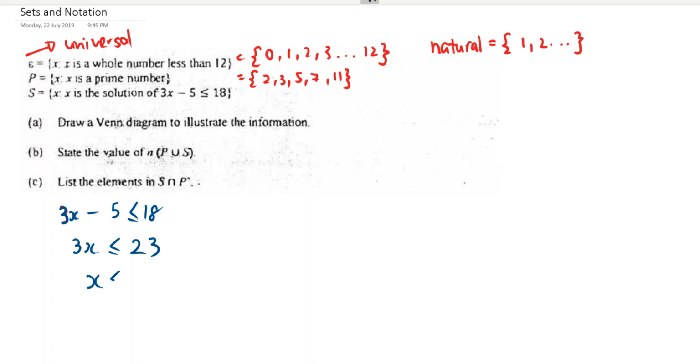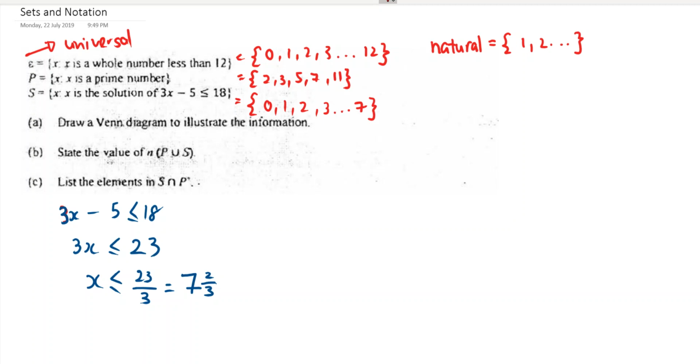So x is less than or equals to 23 divided by 3, which is about 7 and 2/3. So x is less than or equals to 7 means that in the set S the elements are less than or equal to 7, which is 0, 1, 2, 3, all the way to at most 7.